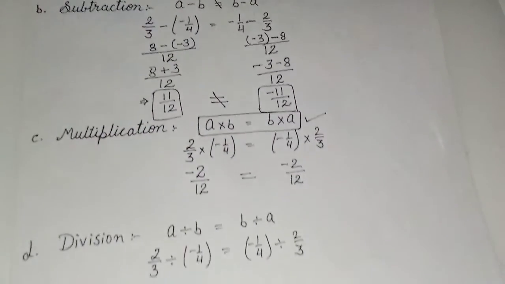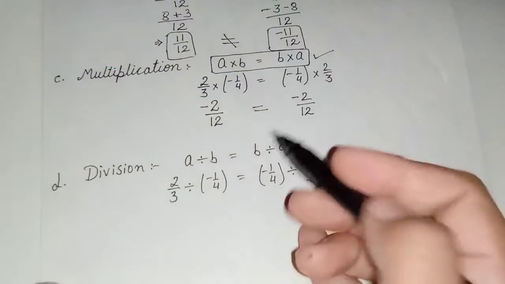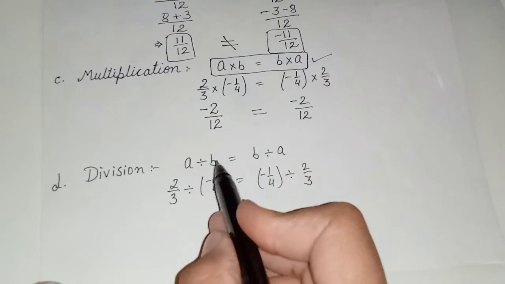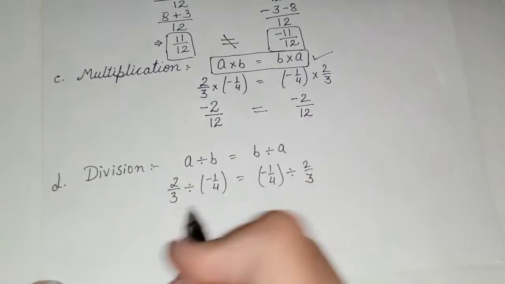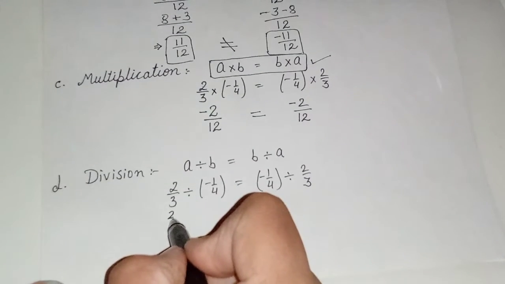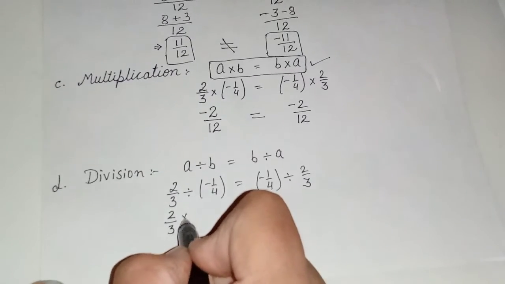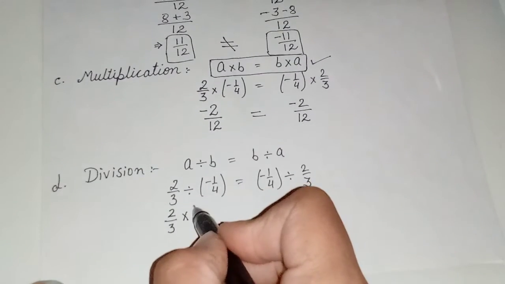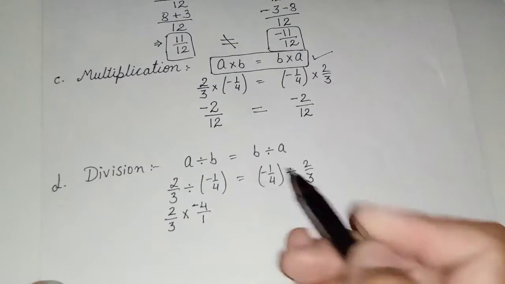Now see the last case, that is division. A divided by B is equal to B divided by A. Let us check whether it is correct or not. So here 2 by 3 into its reciprocal, minus 4 upon 1.